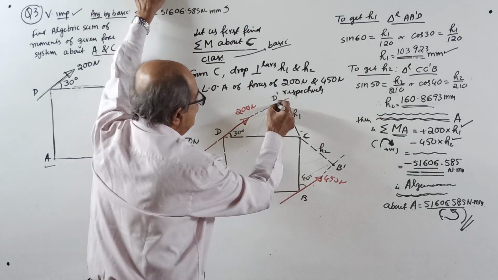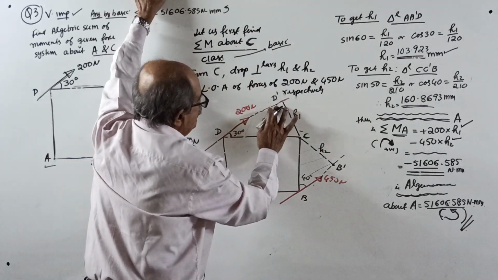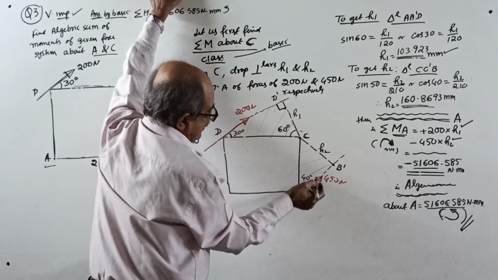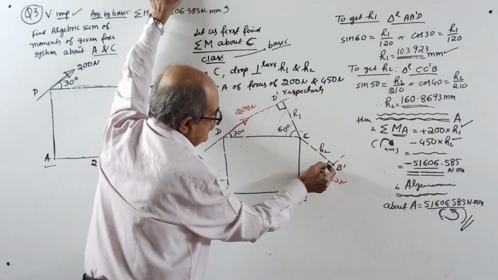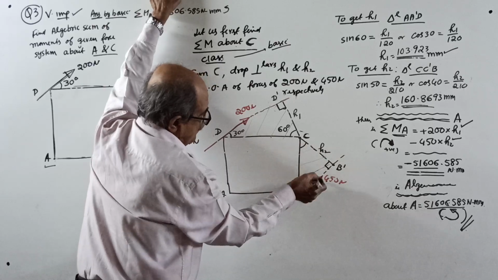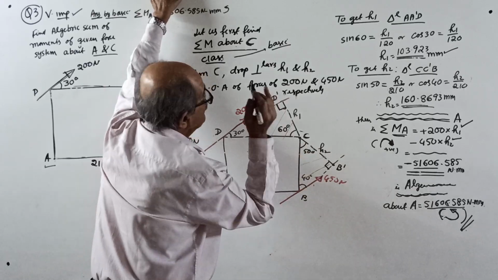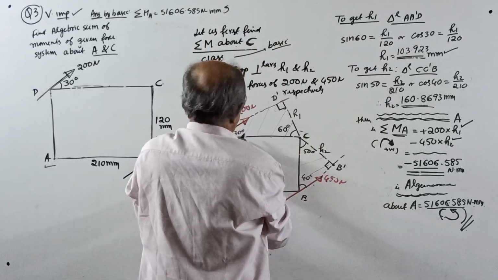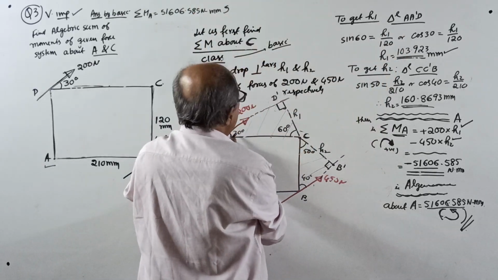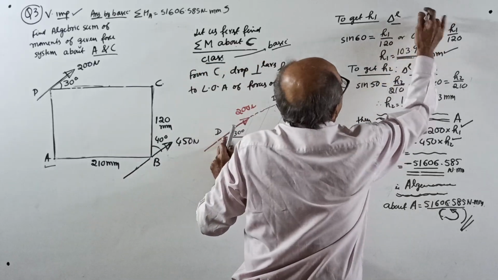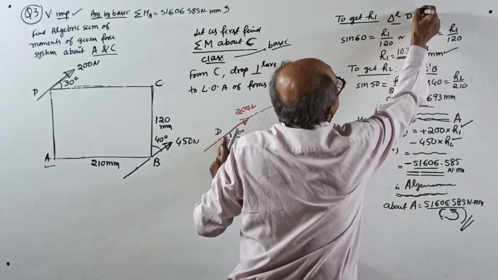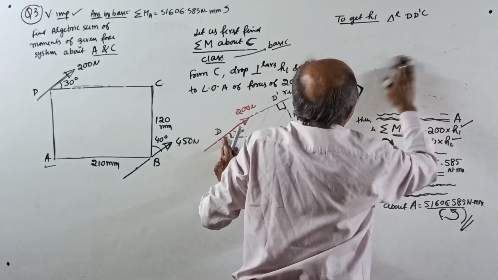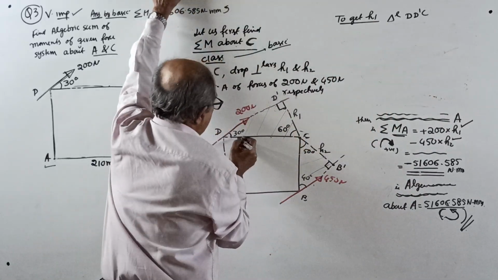If this is 30 degrees, this is 90, this is 90, this is 60 degrees, or if this is 40 degrees, this is 90, this is 50 degrees. Start. To get H1, consider triangle D dash C. Okay, D dash, right here, see.